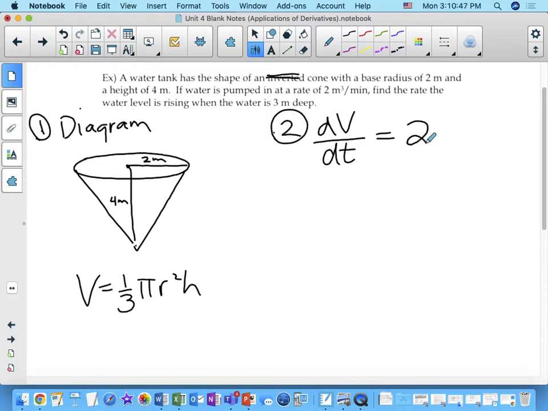Okay, now there's actually something else that we know here that isn't explicitly given to us, but that we should be able to pick up from the diagram. And that is that there's a relationship between the height and the radius. Can you guys see what it is? The height of the cone and the radius of the cone.